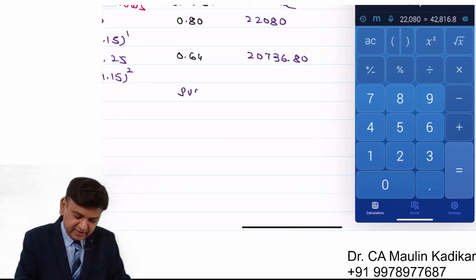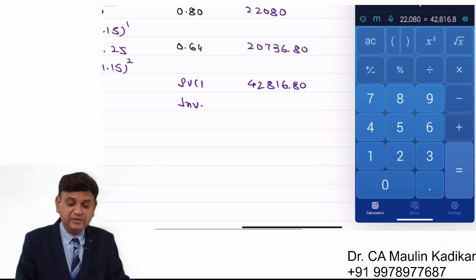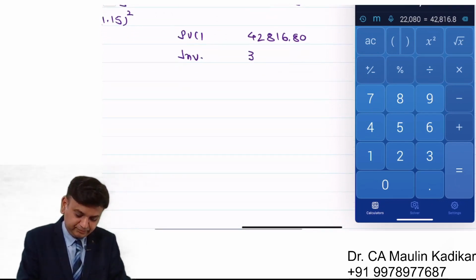So present value of cash inflow is 42,816.8. Amount of investment is 30,000. NPV is 12,816.8.